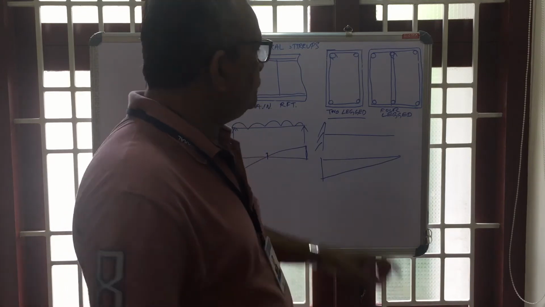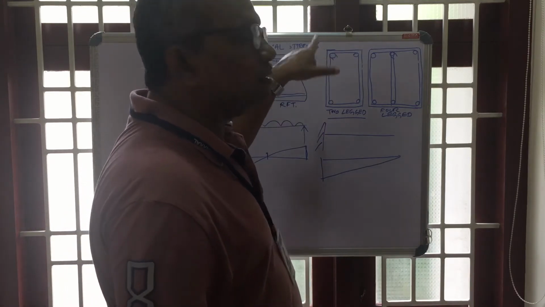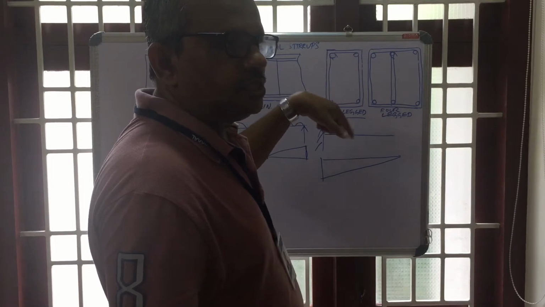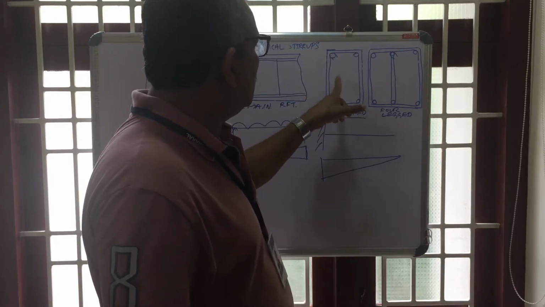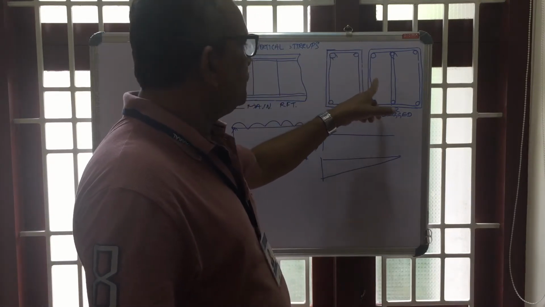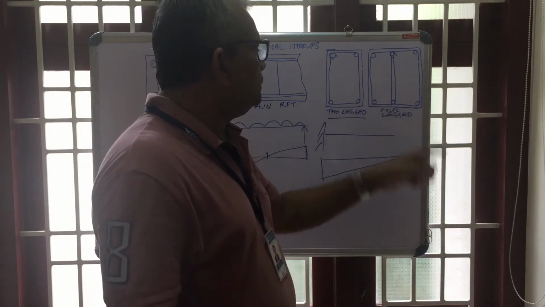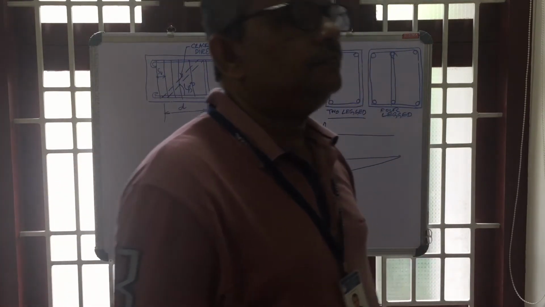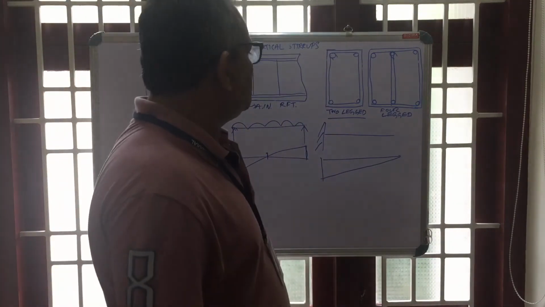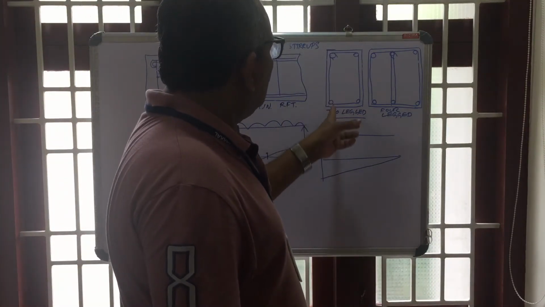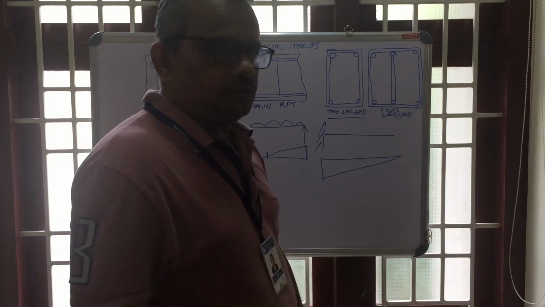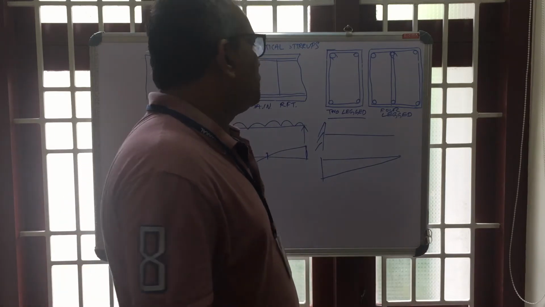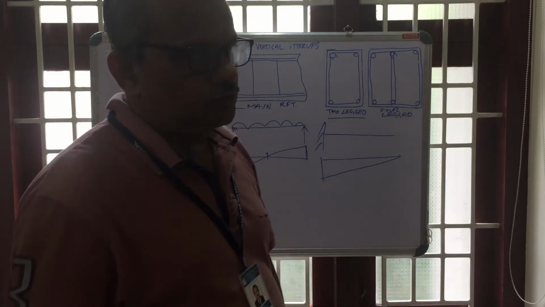When we cast beams, rings are formed, stirrups are formed. These are two vertical legs, and here four vertical legs. So that is known as four-legged stirrups. According to the design of shear, we will provide either two-legged or four-legged stirrups. That we'll explain when we solve the problems on the design of shear reinforcements.